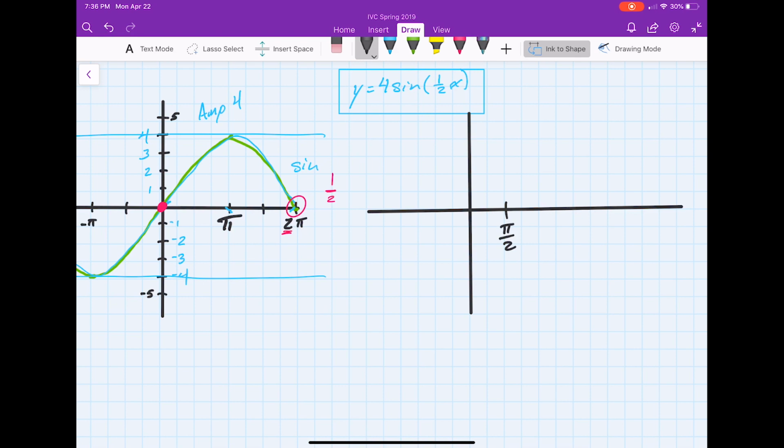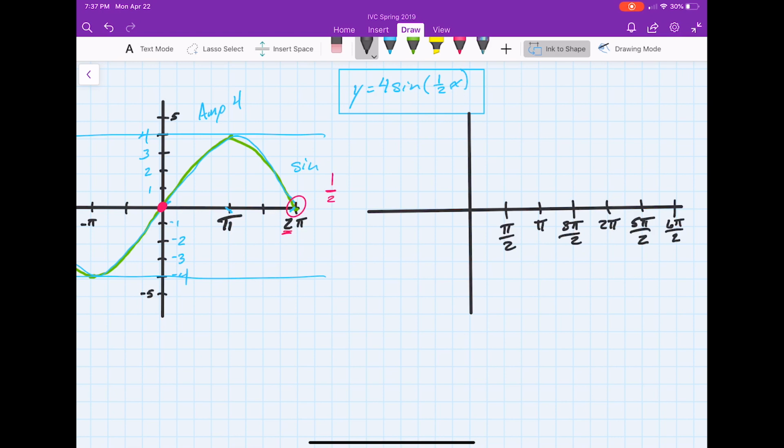There's pi over 2, then we have pi, 3 pi over 2, then 2 pi, then 5 pi over 2, and then of course we end up with 6 pi over 2, which actually would be 3 pi, but you get the point.